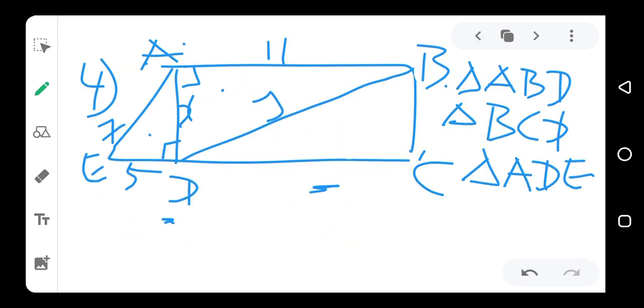That is, this y squared is equal to this side squared plus the value we got here squared.